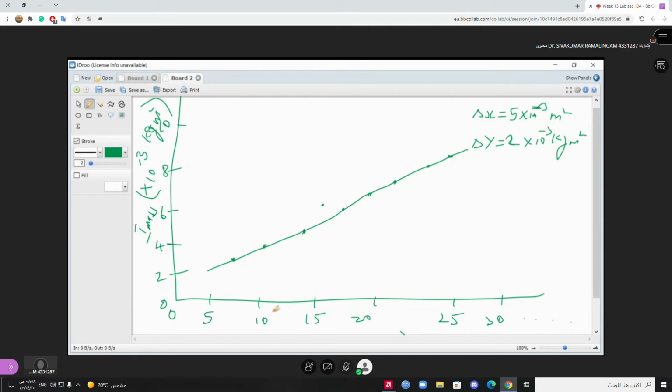Now I'm going to calculate the slope. This is your x1, this is your y1, and this is your x2, this is your y2.